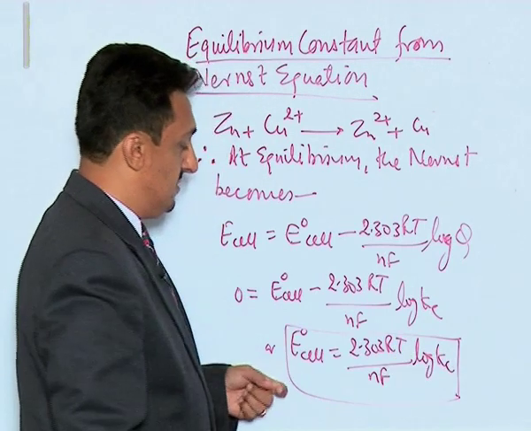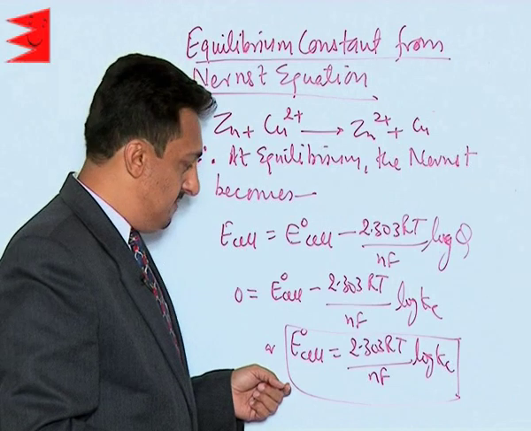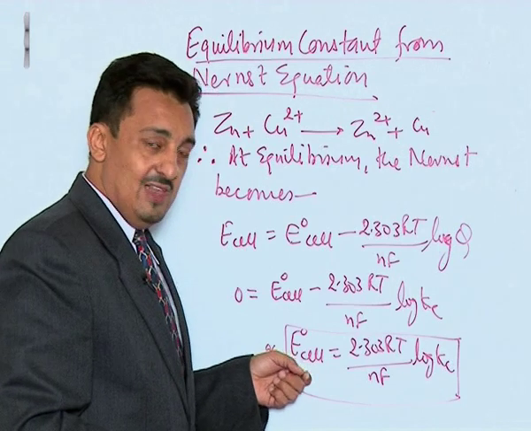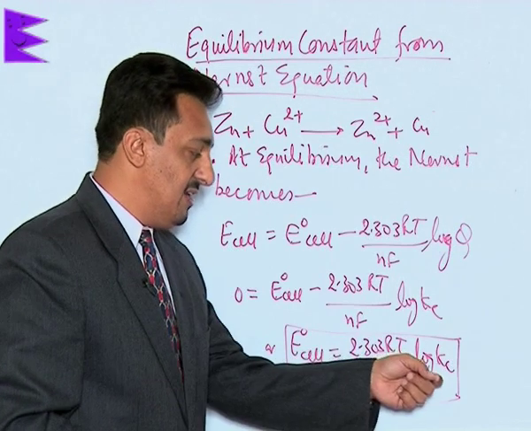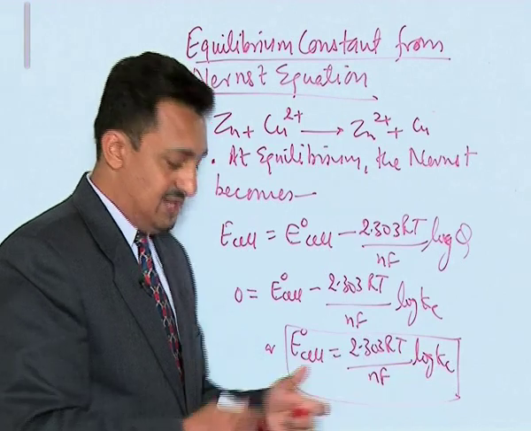So this is the main expression, and from the value of the E naught cell, we can find out the value of the equilibrium constant.